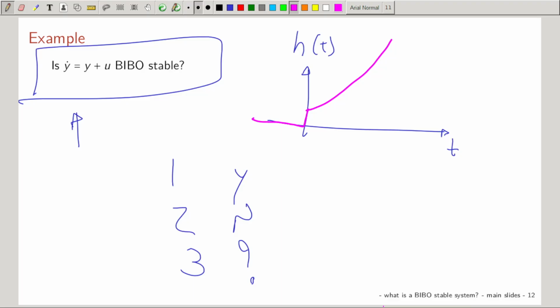People, how would you suspect that the impulse response of this stuff looks like? It's an exponential that flies away. So y dot equals y by itself, the autonomous version is exponentials that escape.